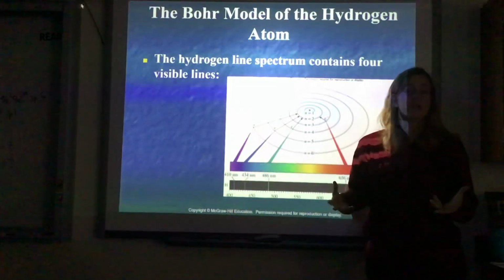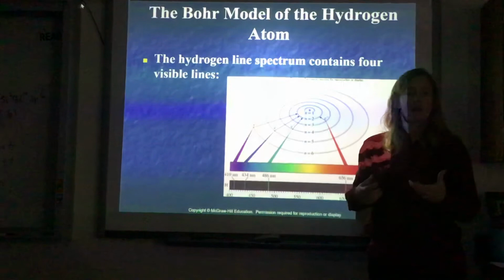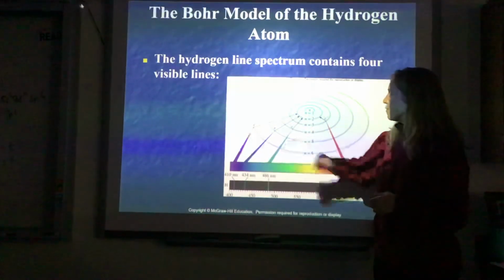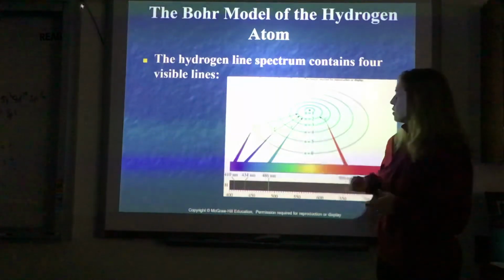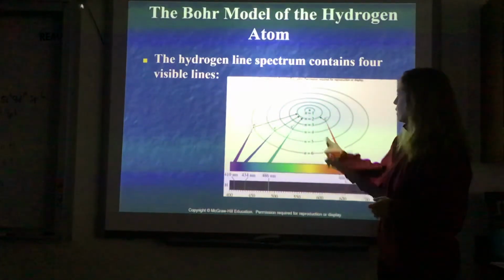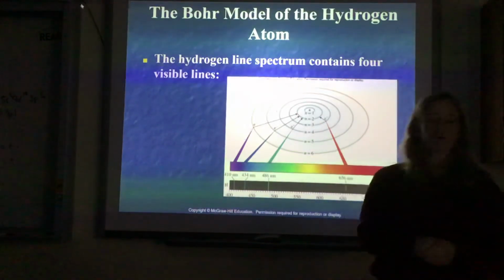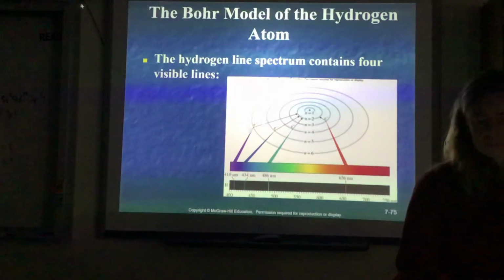That's a lot of energy it has to give off, so it's going to give off that higher amount of energy, which is a violet color. The blue goes from 1 to 5, green goes from 1 to 4, and then 2 to 3 is going to be your red, okay?